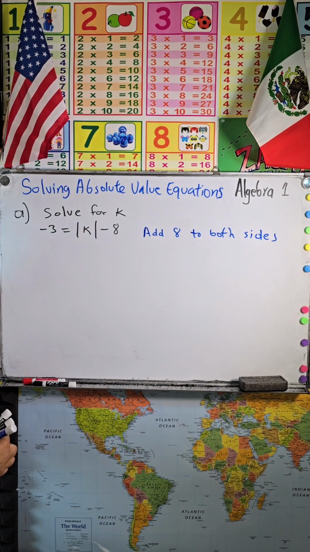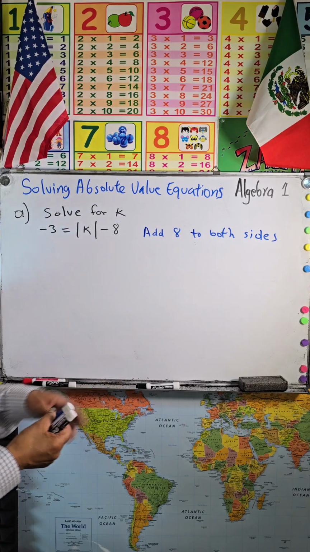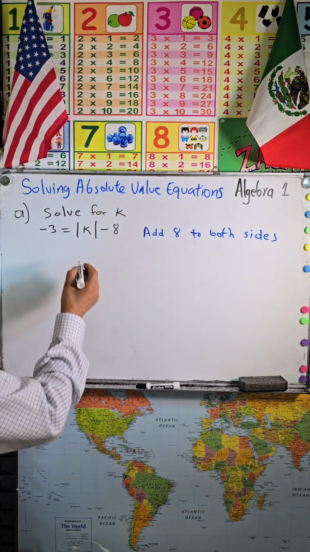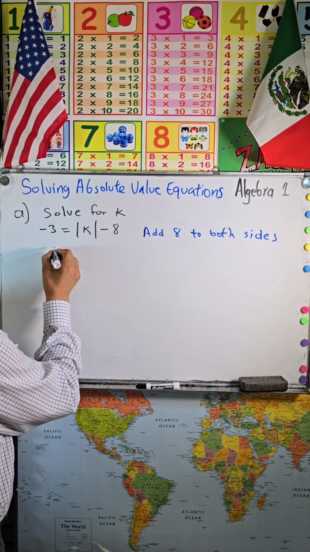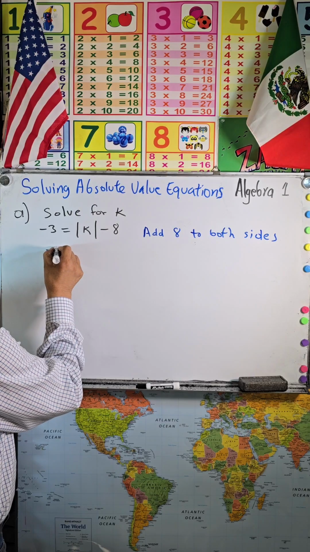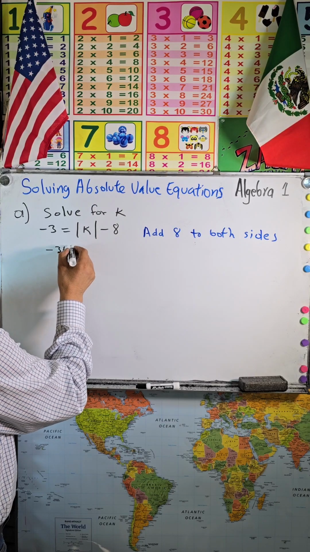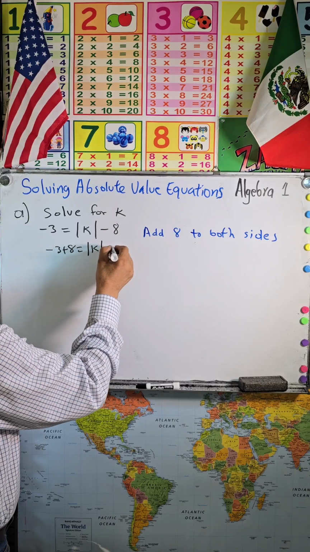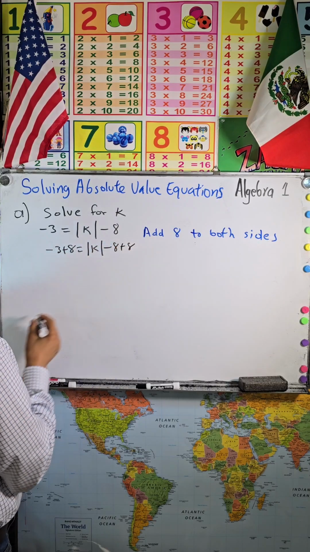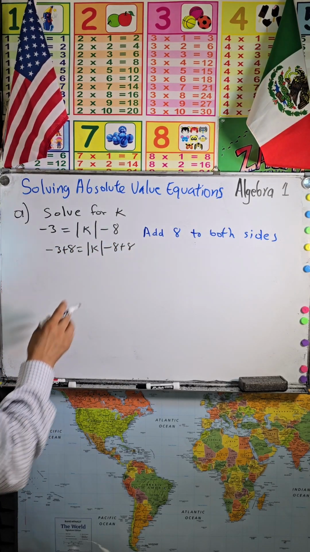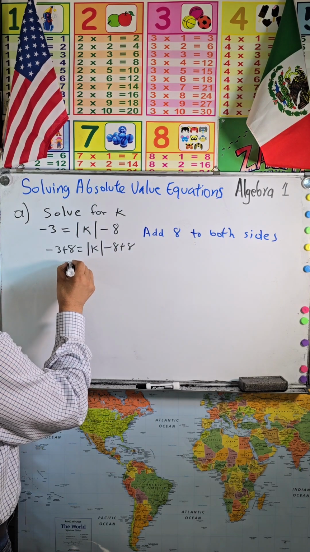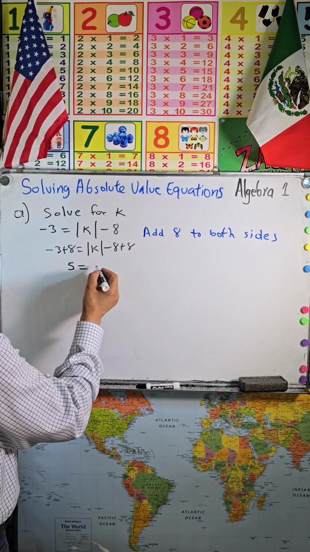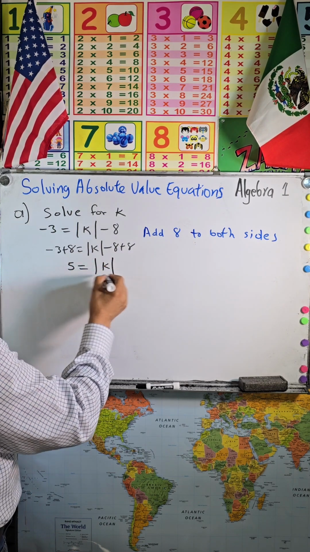If you do that, we will have negative 3 plus 8 equals absolute value of k, and minus 8 plus 8. Here we subtract, and we will have 5 equals absolute value of k.